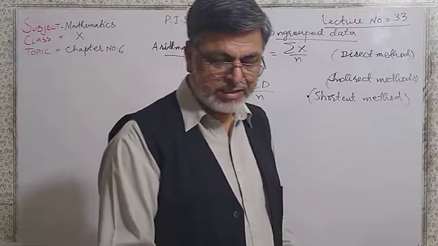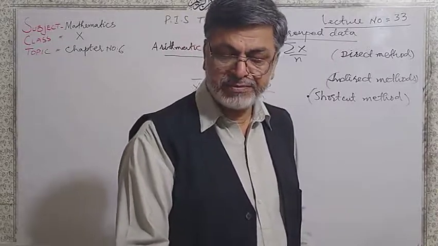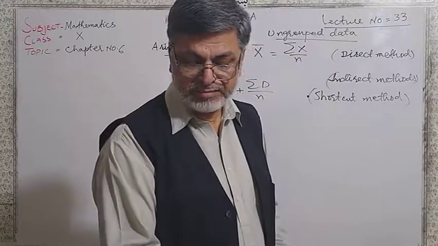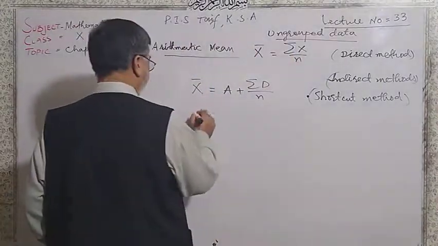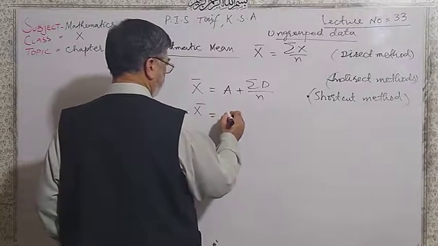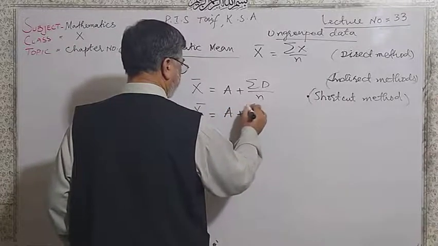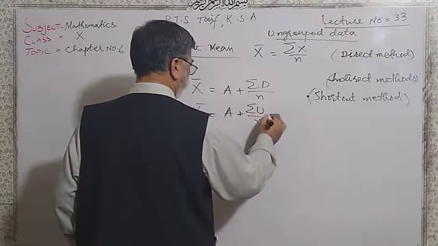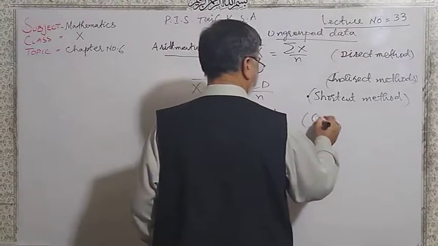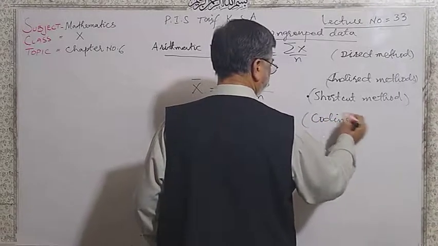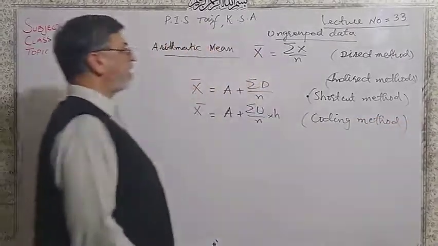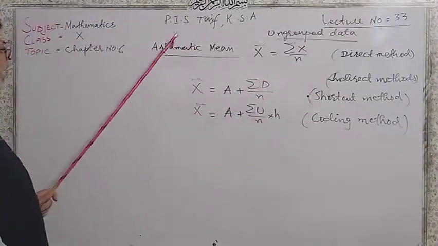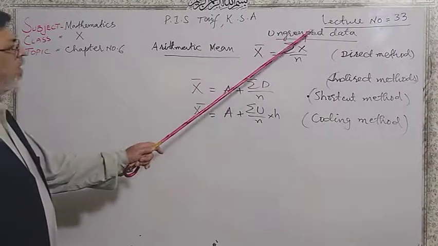And after that, we have the formula x bar is equal to a plus sigma u over n into h. This is known as coding method. Dear students, these are three formulas for arithmetic mean for ungrouped data.